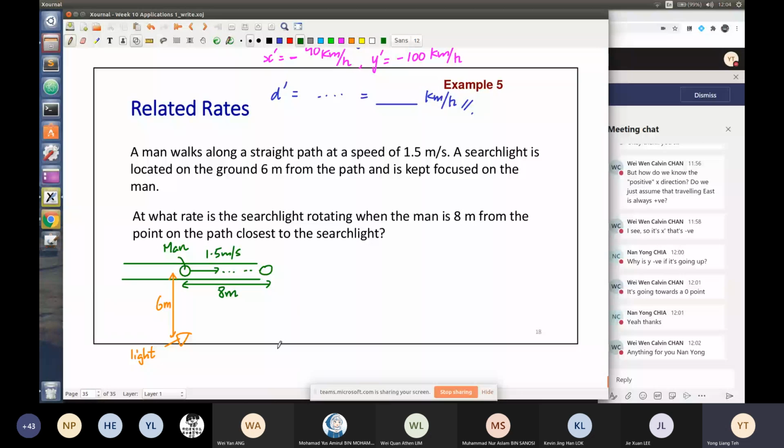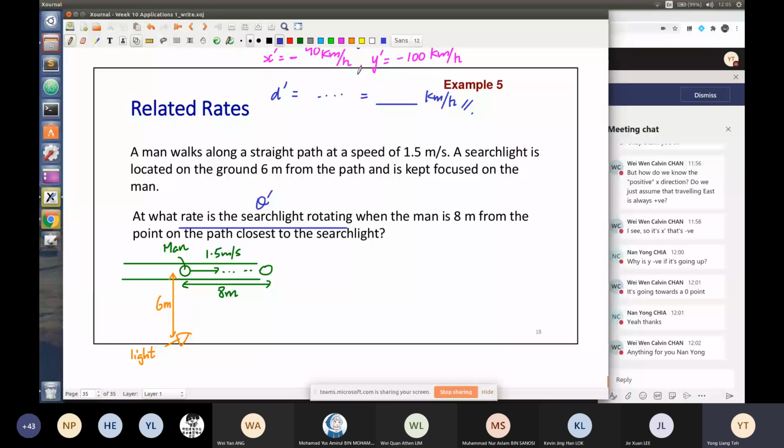Then we say, at what rate? Now let's define our unknown here. At what rate is the searchlight rotating? Rotating must be an angle. So let's call the angle theta, and we want theta prime. The man is walking, the searchlight is focused on the man, and the searchlight is going to rotate.